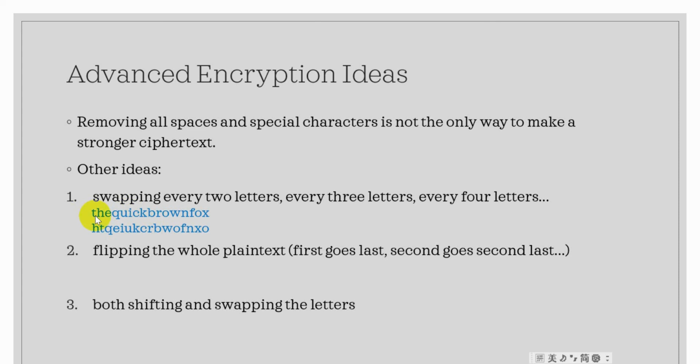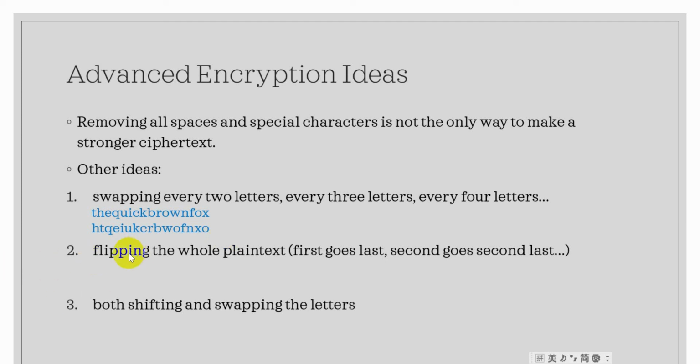If we swap every 2 letters, H and T will be swapped, Q and E will be swapped, I and U will be swapped, etc. So this way, it would be harder to find the plaintext from the ciphertext, because the person that's trying to decrypt it doesn't know what method we're using to encrypt it. So if they just use our decryption method that we've been using the whole time, like changing the offset from 1 to 25, then they're not going to find a plaintext that makes any sense.